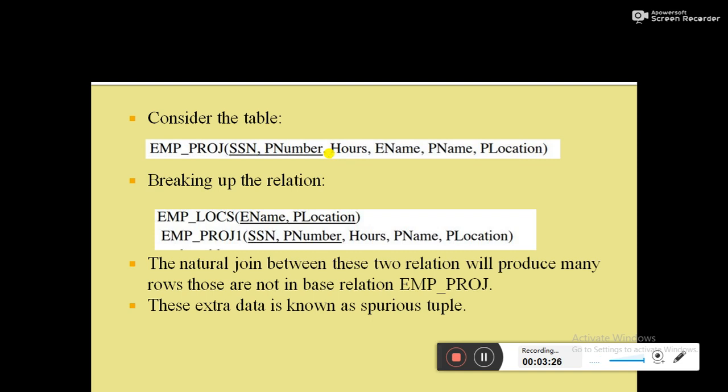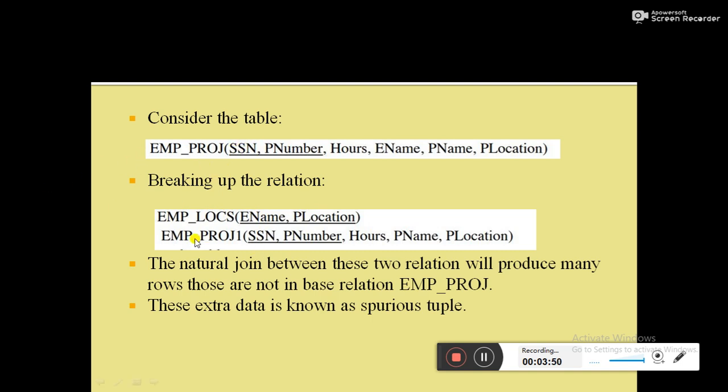So what we have to do is decompose that particular relation into two sub-relations. Suppose someone breaks up the relation that way: EMP_LOCS, which contains employee name and P location as a combination, treated as the primary key.